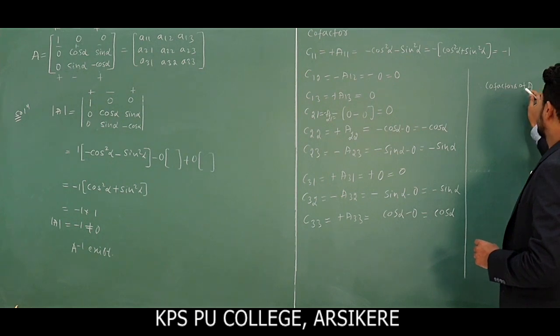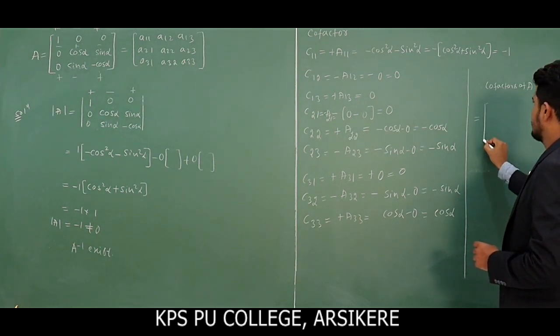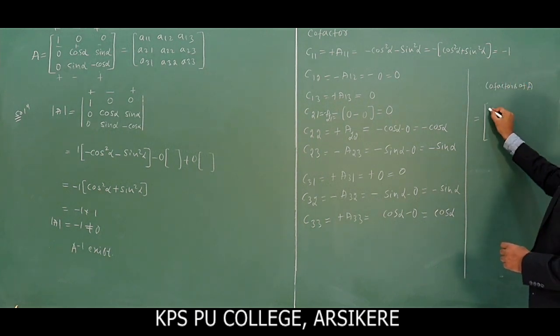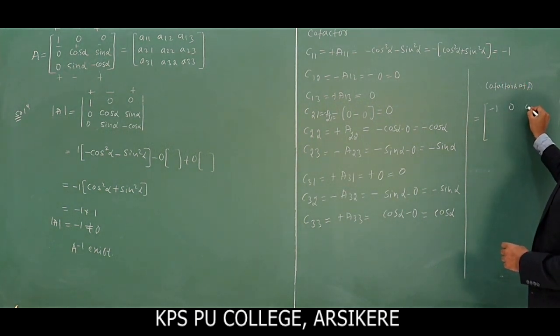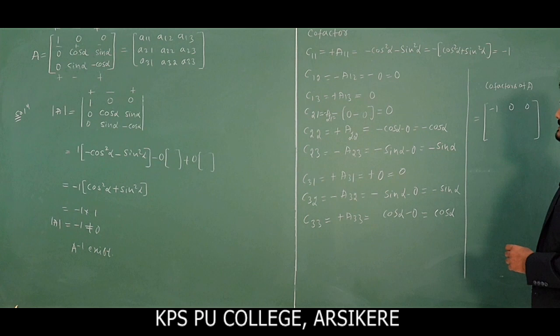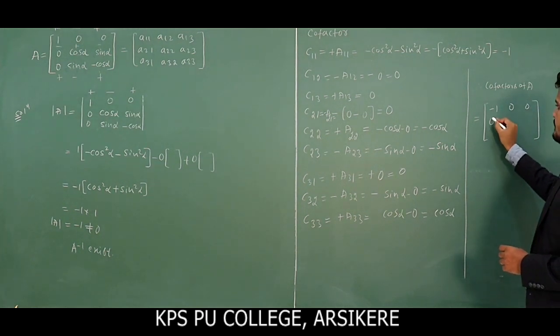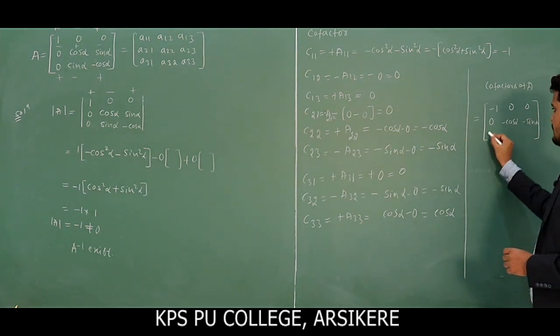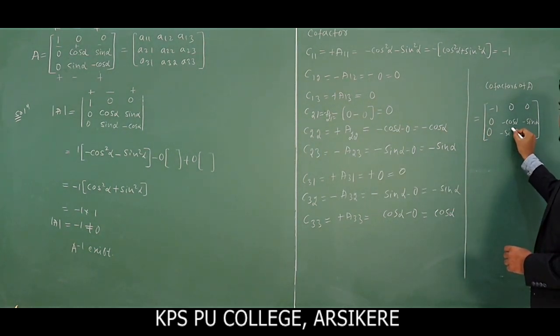The cofactors of A is equal to, so first row: minus 1, 0, 0; next, 0, minus cos alpha, minus sin alpha; then 0, minus sin alpha, cos alpha.